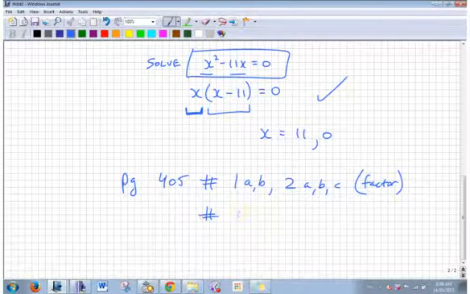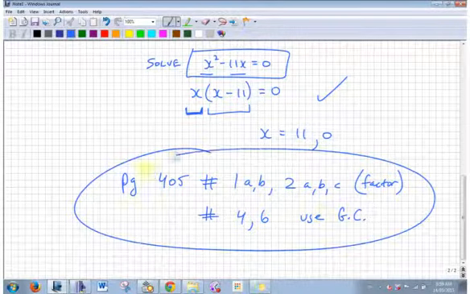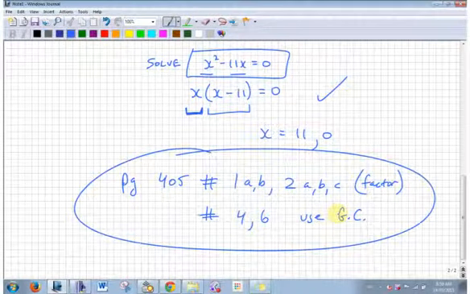And then 4 and 6, use the graphing calculator, because those ones you can't factor nicely. Anything's possible, but even pre-calc 11 kids wouldn't be able to factor those, okay? To find the solution.